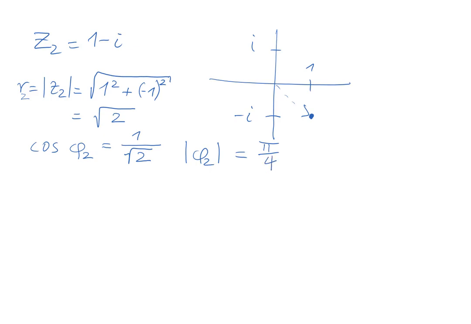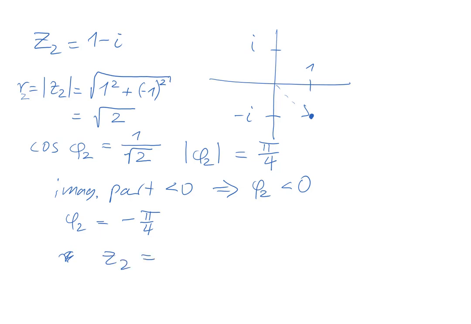But now, in difference to the first example, the imaginary part of the complex number is negative. Phi 2 is negative. So phi 2 is minus pi divided by 4. And now we have z2 equals r2, square root of 2, times e to the power of minus pi divided by 4 times i.